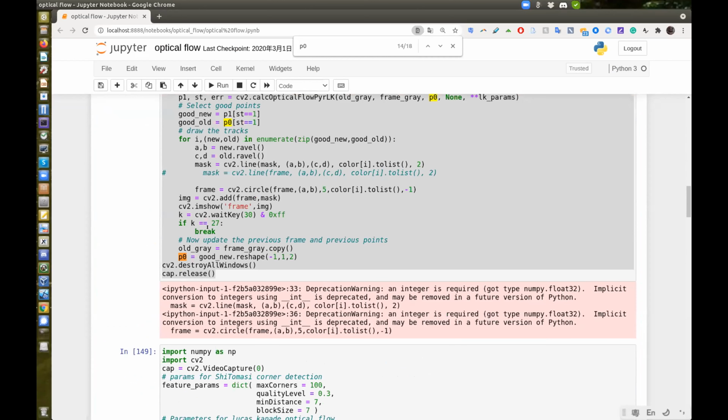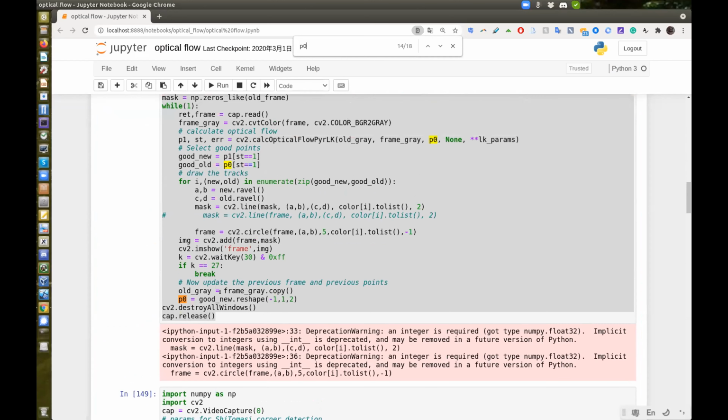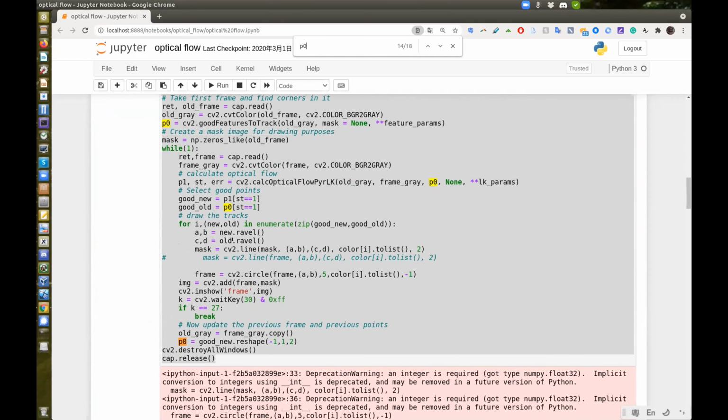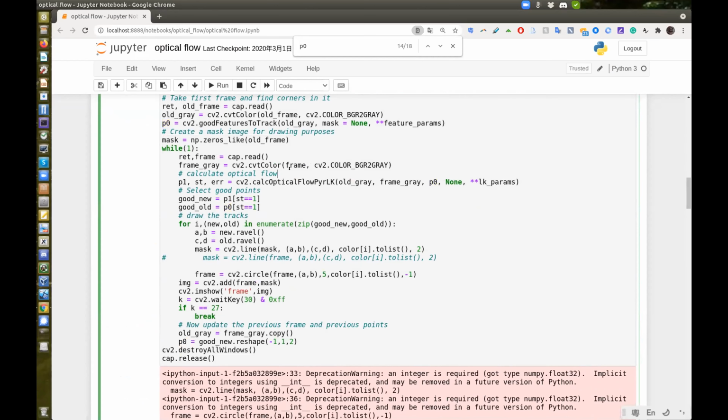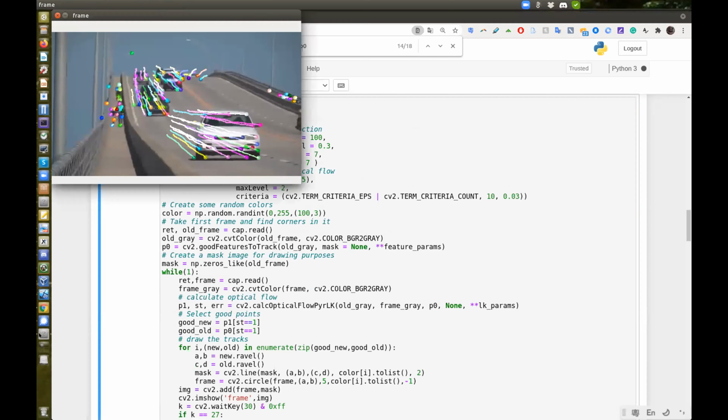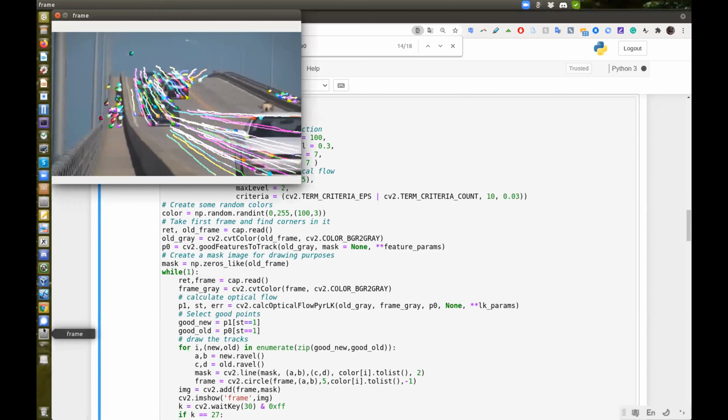Oh, okay. Let's see. PCO, good new shape. Where's good new shape? Oh, good new. Okay, good new reshape. Yeah, that's fine. Okay, let's try that. I don't know how bad that is. Maybe it will crash. Why is it not showing all the points?